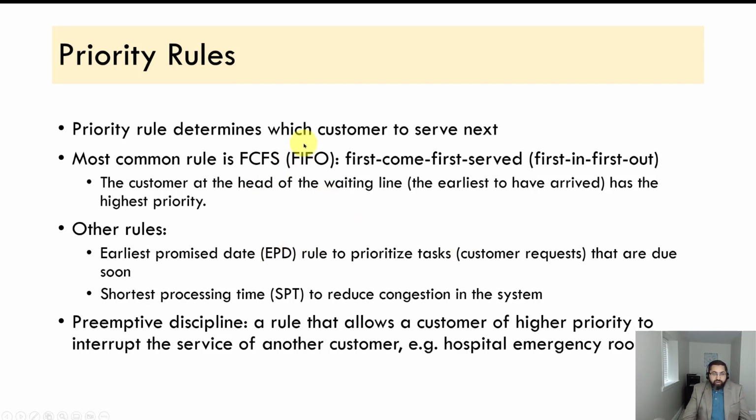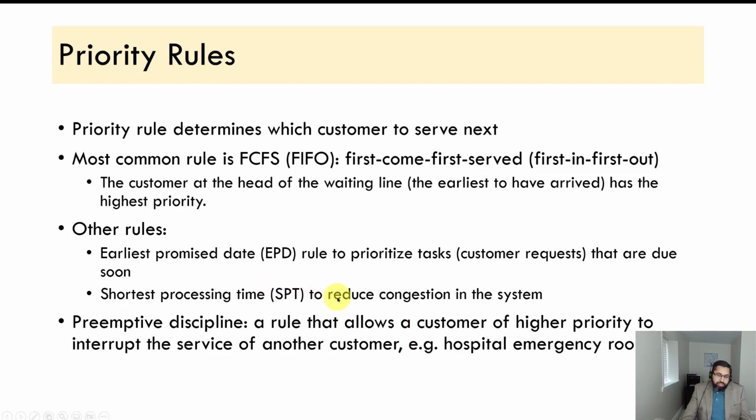They do FIFO at the airport, but sometimes they will skip FIFO and do EPD, where customers whose promised time, in this case time instead of date, the time the flight has to leave, is very close at hand, and so they need to be prioritized.